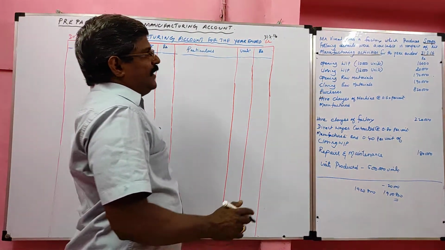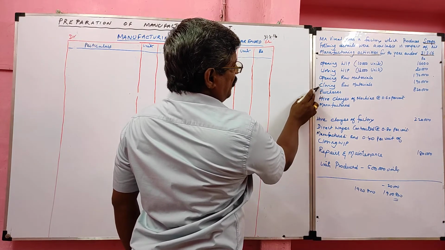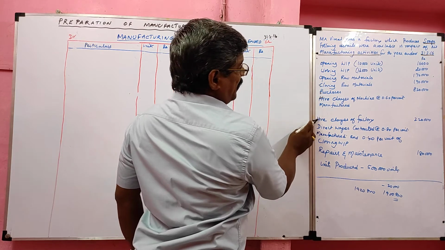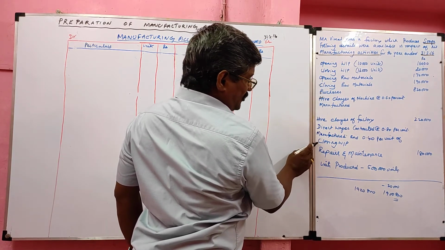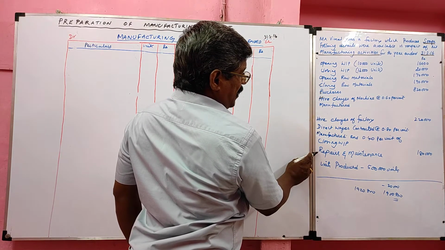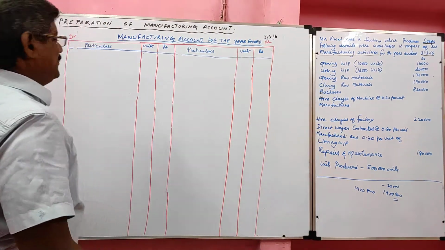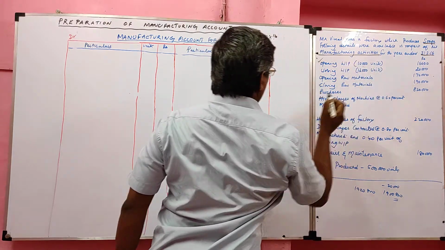Okay. Then opening work in progress, closing work in progress, opening raw material, closing raw material, purchase of raw material, hire charges of machine, hire charges of factory, direct wages, repair and maintenance, units produced. These are all given. Now I am going to prepare. First item is opening work in progress. Unit and amount both are given.